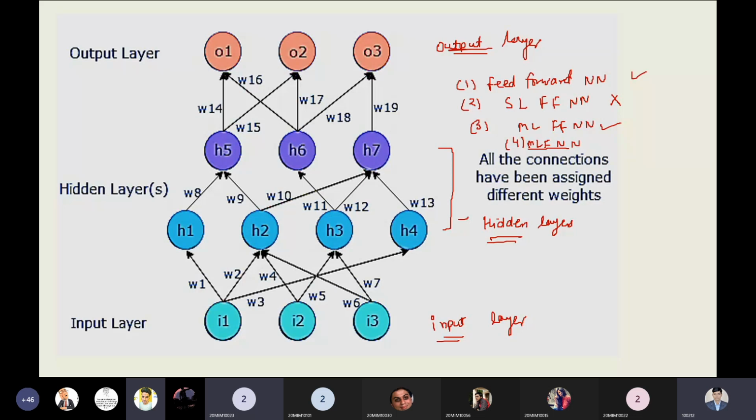H2 is not connected to H6, sir. Because some of the nodes are not connected to all nodes of the next layer. So that's why we can say this is not an example of a fully connected neural network, but this is a simple example of our multi-layer feed forward neural network.